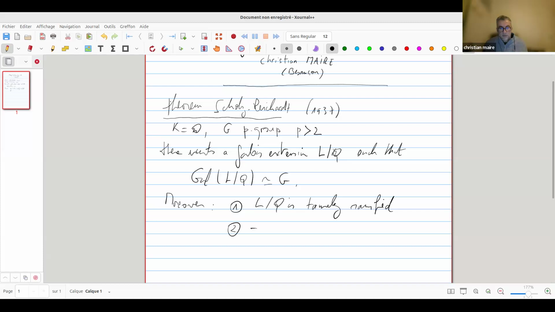If I denote by S the set of primes of Q that are ramified in L over Q, then the size of this set is at most n, where n is the log base p of the order of G, meaning that the order of G is p to the n.